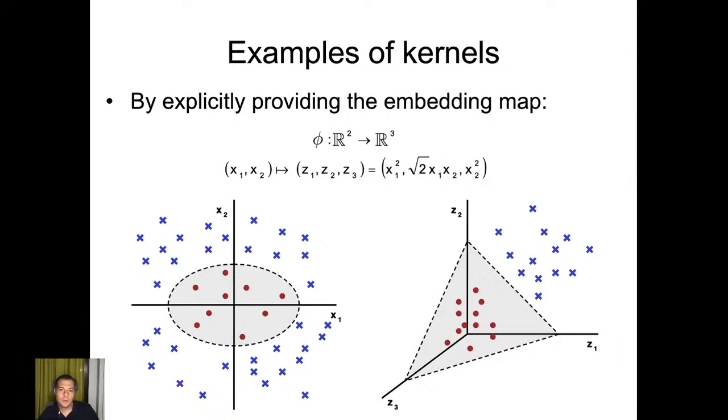Okay, so we explained the definition. So now we're going to see some examples of kernel functions, alternative kernel functions that we can use instead of the simple scalar product. So just going back to the original problem of the XOR function.